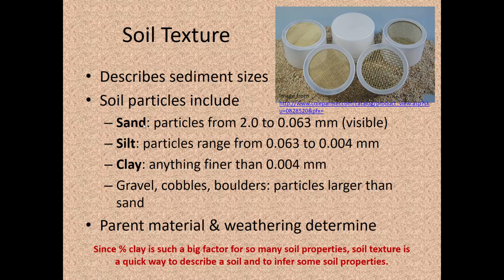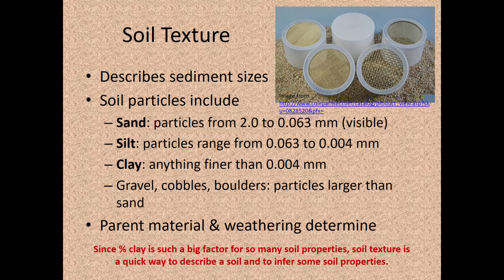These are the particles that would be visible to your naked eye. So if you picked up some soil and you could see the grains of soil particles, those are probably sand. The slightly smaller particles are silt, and then clay would be the really fine particles that almost look like flour, except they might not be the same color, but they're very fine and they feel kind of silky smooth.